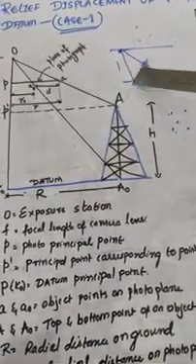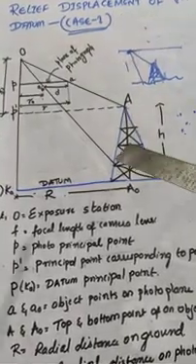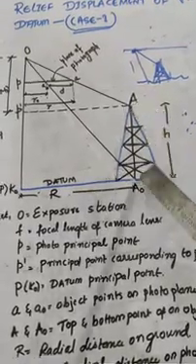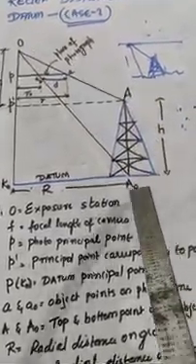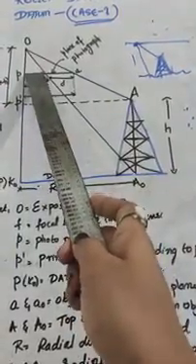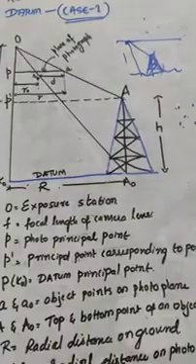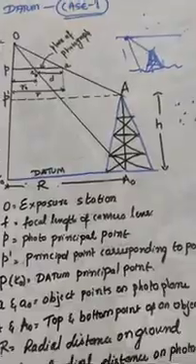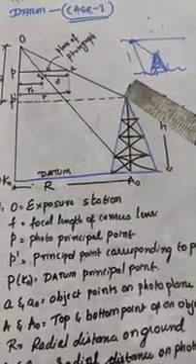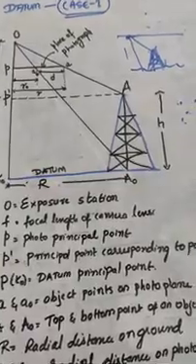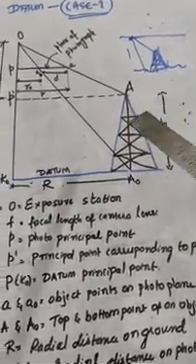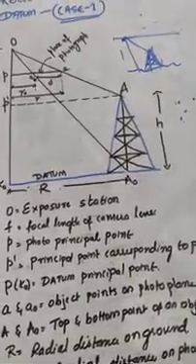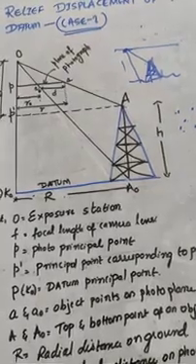You can see that this side is represented in the photo plane: the bottom, capital A0, is represented on the photo plane as small a0, and the top, capital A, is represented as small a. So relief displacement is the displacement of points on the photo plane due to the presence of that elevation.